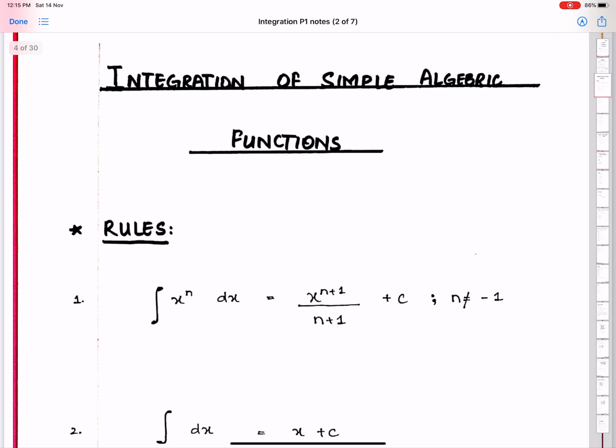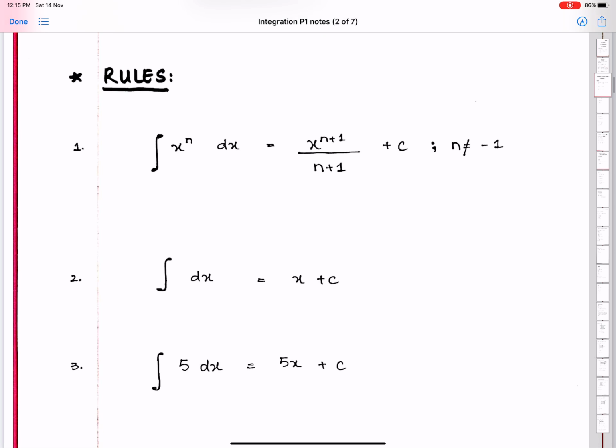Integration of simple algebraic functions. Rules. So this is the formula, in fact, x power n, and this is true for all values of n except minus 1.